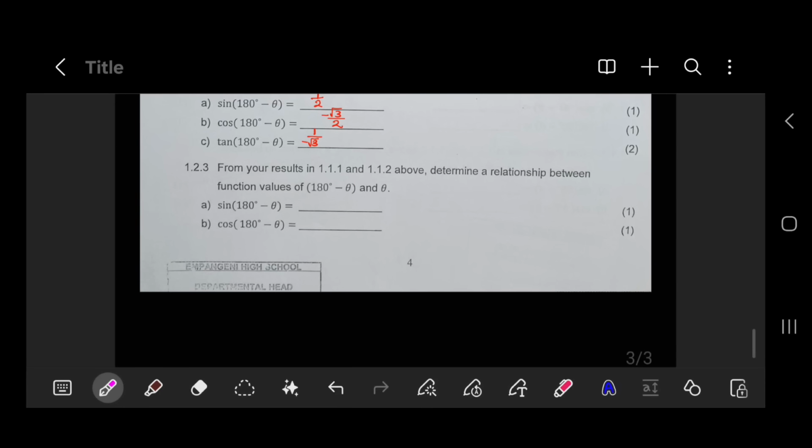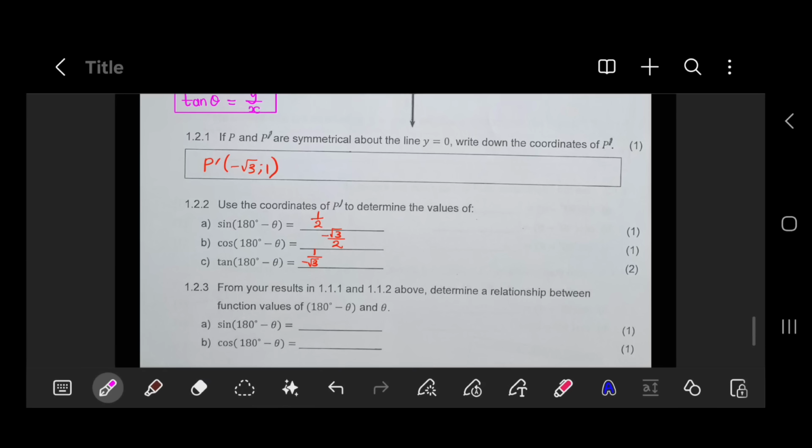So what does this tell us? It tells us that sine of 180 minus theta is equal to sine theta, because sine theta also gives us this value of 1 over 2. Next, we need cos of 180 minus theta, and if we look at the value, it was negative square root 3 over 2. So let's see how we can get this.